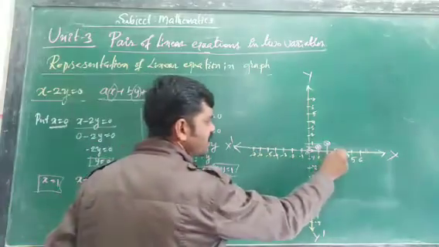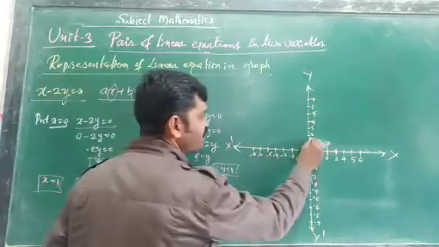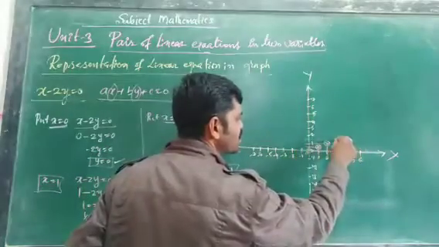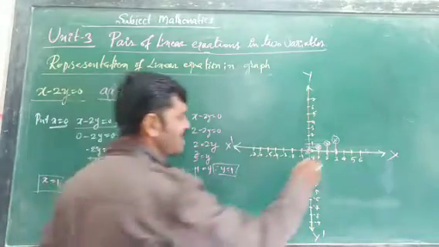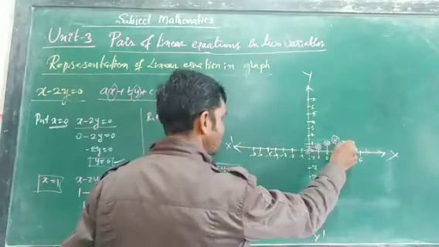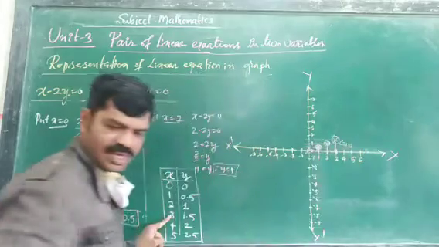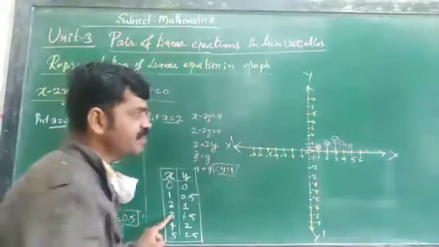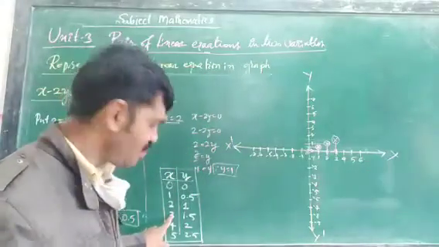This is x is equal to 3. What is the value of y? That is 1.5 here. We extend this, somewhere it intersects, and this is the point. This point can be written as 3, 1.5. For every point we can write the x value and y value there.